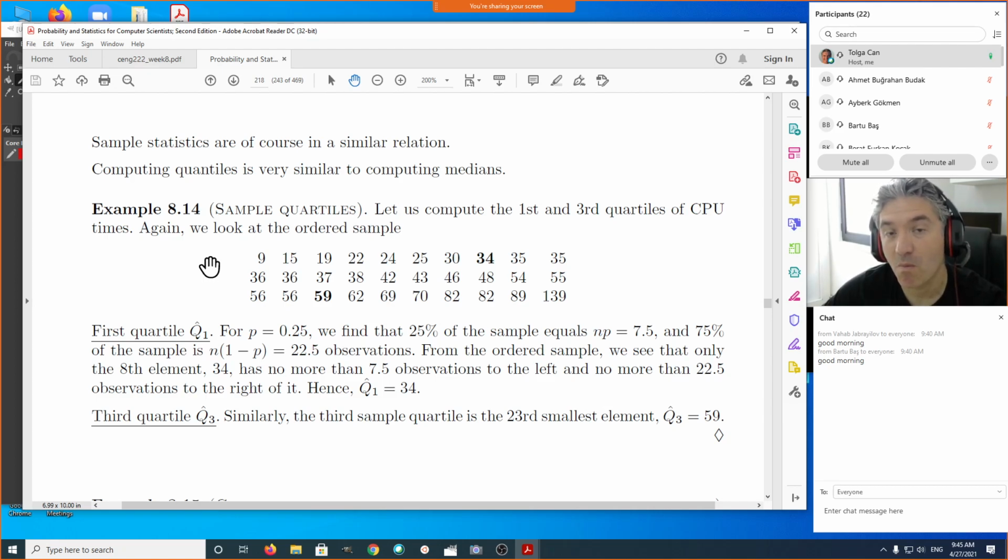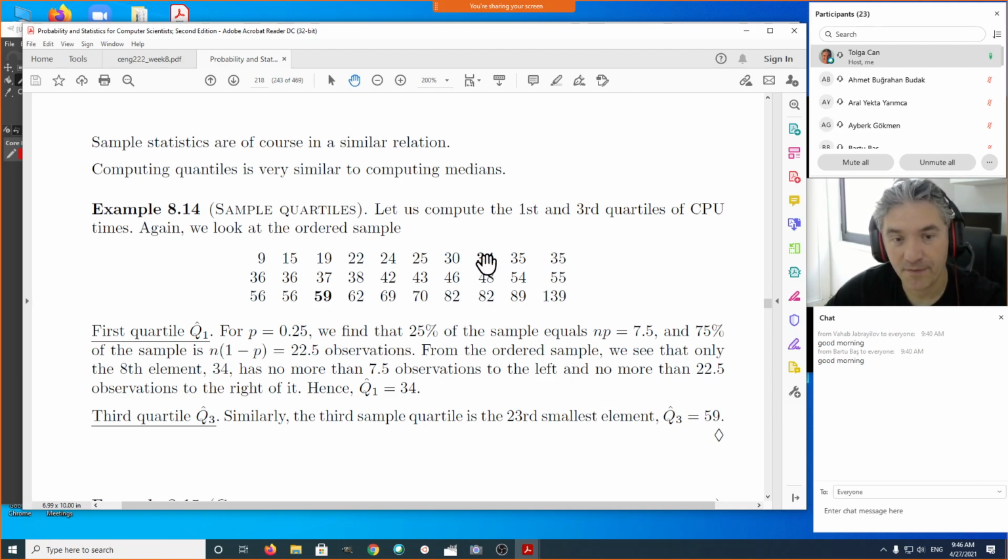So there shouldn't be more than 7.5 elements to its left. If we had chosen 35, there are 8 elements to its left, so it wouldn't count. And also, there shouldn't be more than 75% of the population, more than 22.5 observations, to the right of it. So if we had chosen 30, there would be more than 75% to the right of 30.